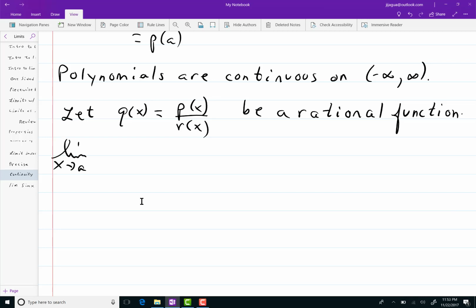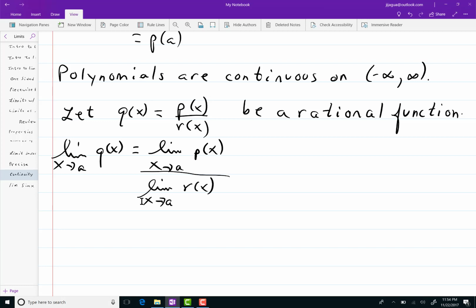I know then that the limit as x goes to a of q(x) equals the limit as x goes to a of p(x) over the limit as x goes to a of r(x), assuming that this limit in the denominator is not equal to 0.